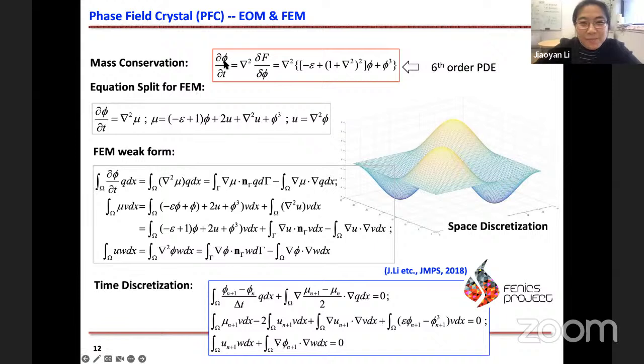Here you see this sixth order partial differential equation, and the phi function is the density. It is just like the unknown variable in our traditional finite element method, the displacement, the location, the position. So here we are switching the unknown variable from the position or the displacement to the density. The density is a varying function across the whole specimen.